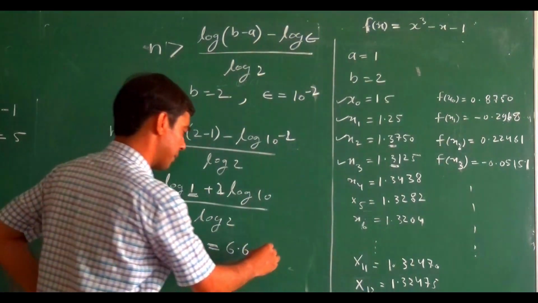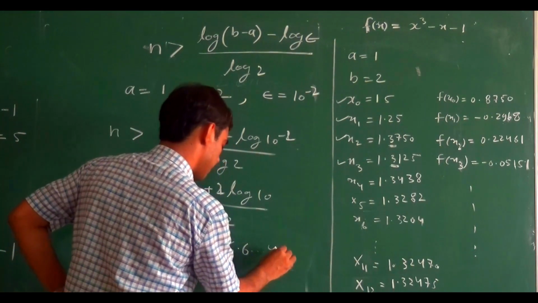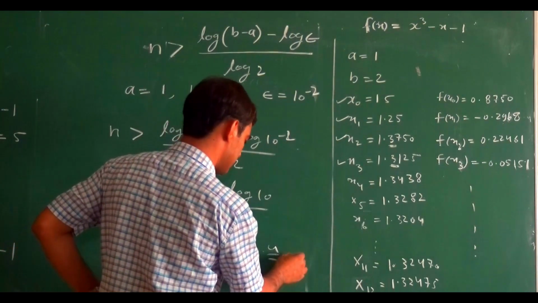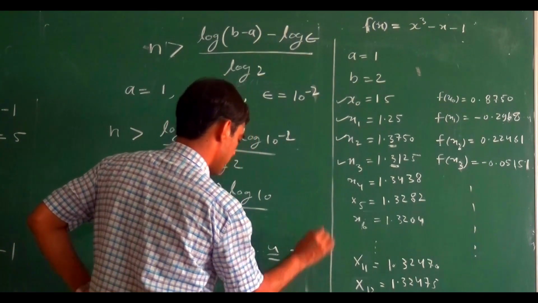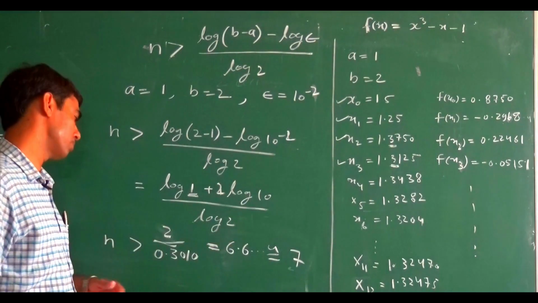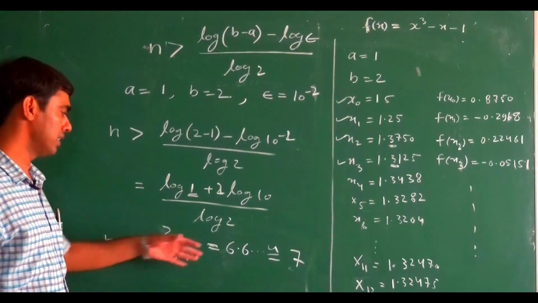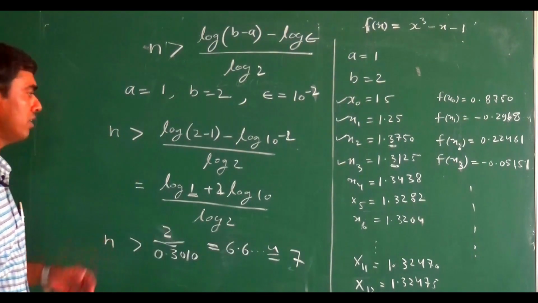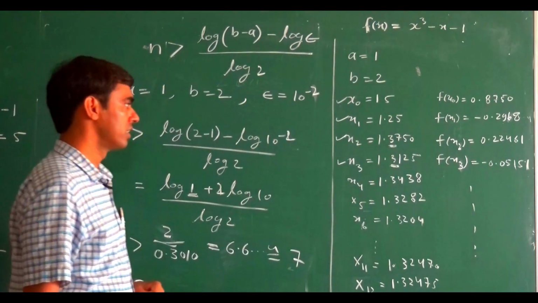If we convert this to an integer value, the number of iterations cannot be a fractional value, not a real value. This must be an integer value. So n must be greater or equal to 7.